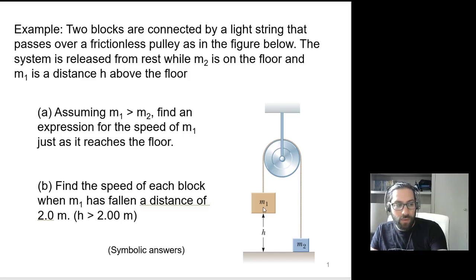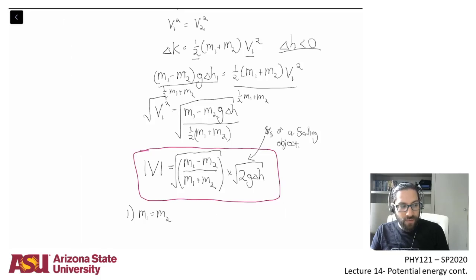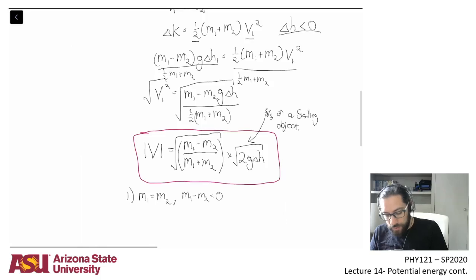If I plug m1 equals m2 into our equation, m1 minus m2 is 0, and so the speed at all times is 0. That makes sense. Okay?